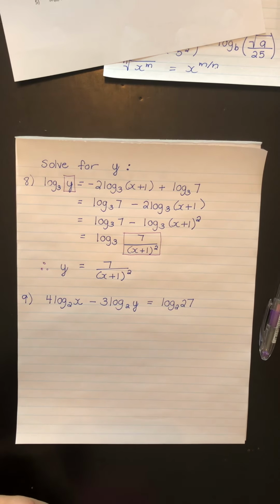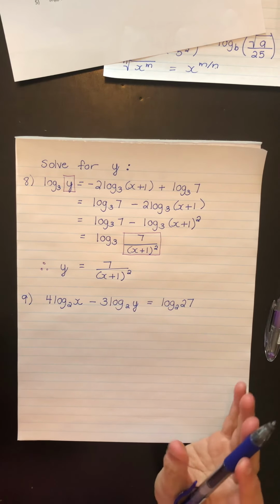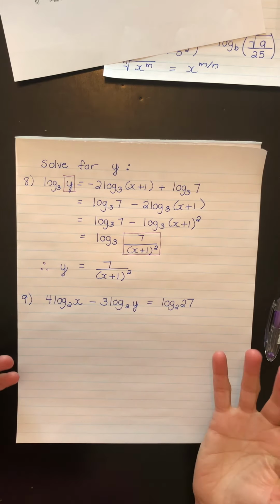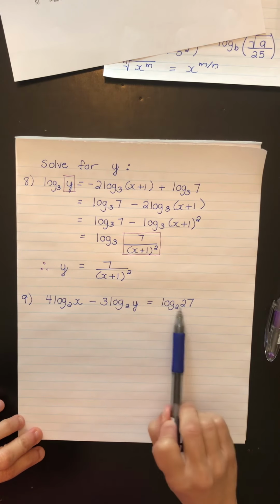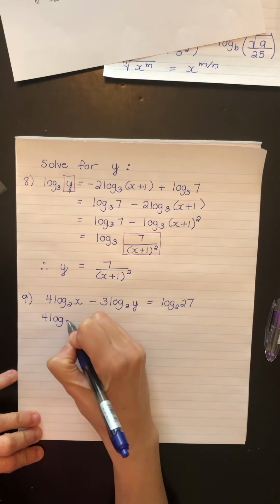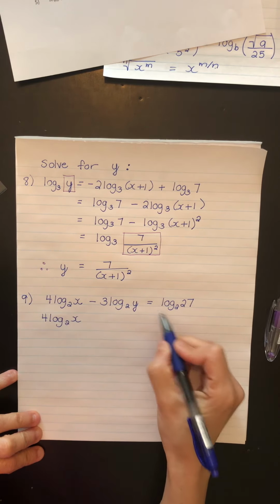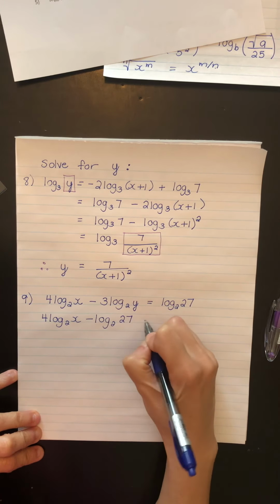Okay, let's try this one. Now this time, the term containing y is not isolated, so I may want to start by isolating that term. So I'll bring that to the right and this to the left. So I'm going to subtract the log of 27.